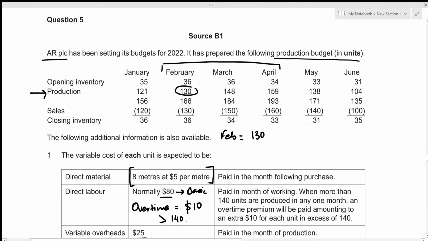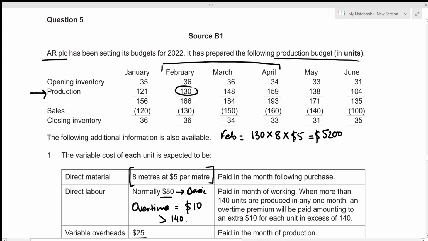That's the number of units. For each unit, we require 8 meters of direct material, so we multiply by 8. For each meter, we pay $5, so we multiply by $5. So the direct materials required for production in February is 130 times 8 times 5, which gives us 5,200.